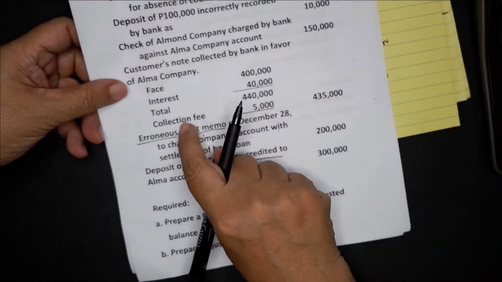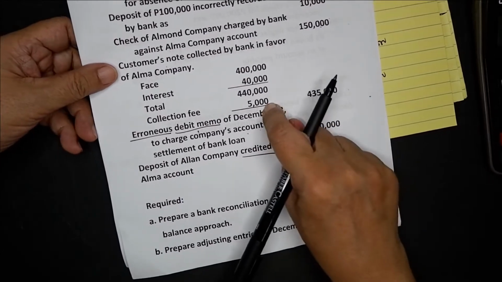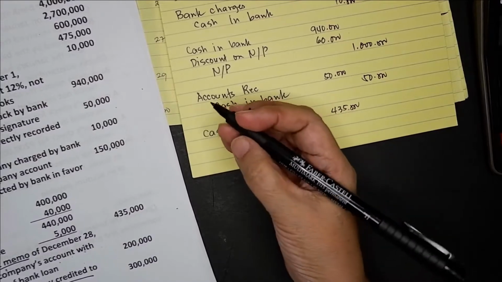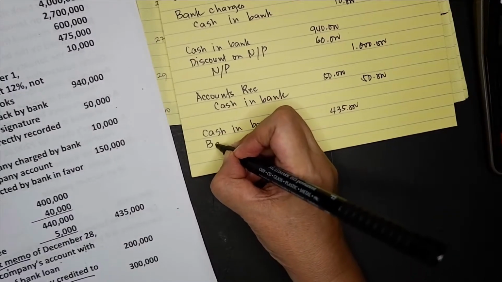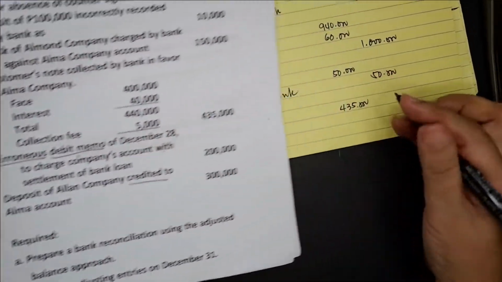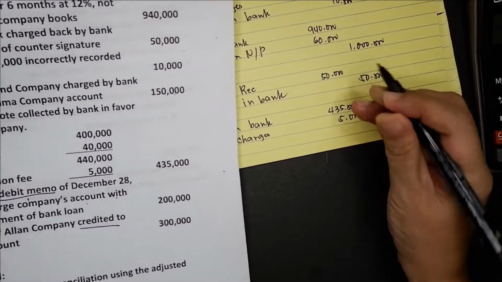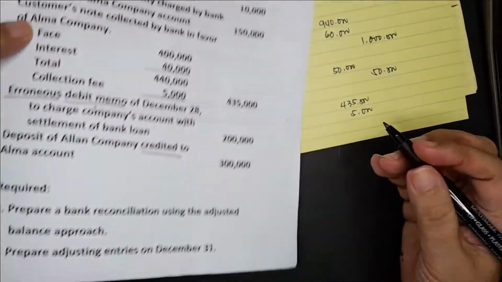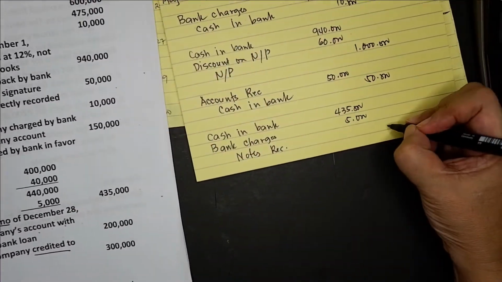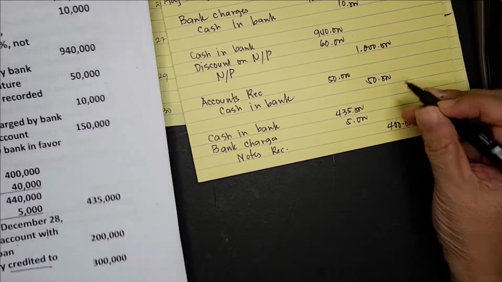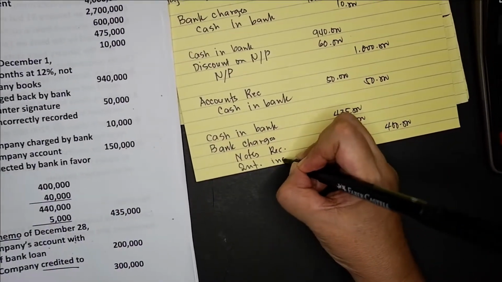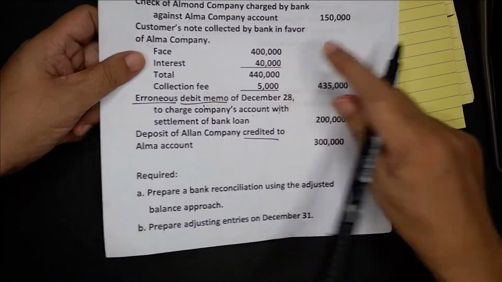Then we have the collection fee deducted by the bank. So, that is minus cost. That is bank charges of 5,000. Then we have notes receivable of 400,000, and another credit, interest income of 40,000.